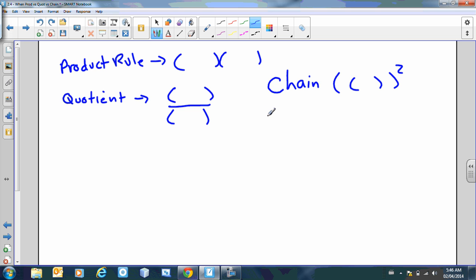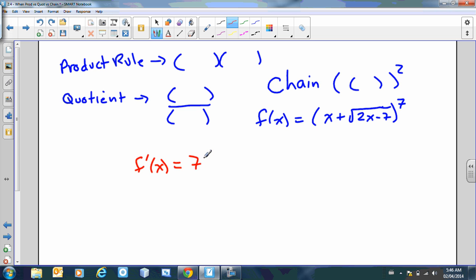So a question like f of x is, let's go x plus something like this is a classic chain rule. I have a bracketed expression with an exponent. And so I have an unknown term to the exponent 7, and when we take the derivative of it, it comes out to 7, the unknown term, to the exponent 6.